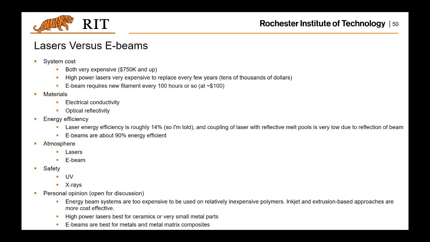And on the other hand, there are some considerations when you want to choose either the laser-based or the electron beam based processes, and that's still open because both processes are still under development, and quite a bit of money is invested in both of them.